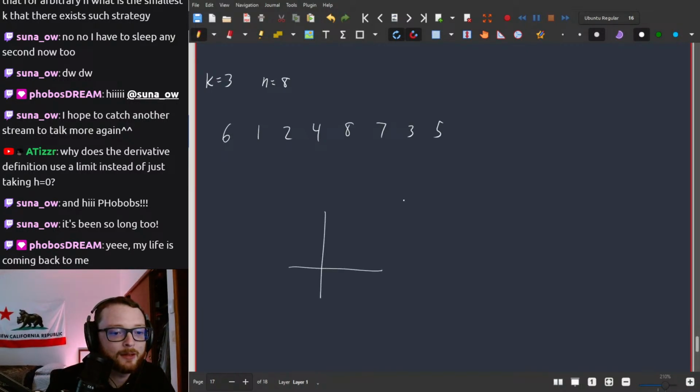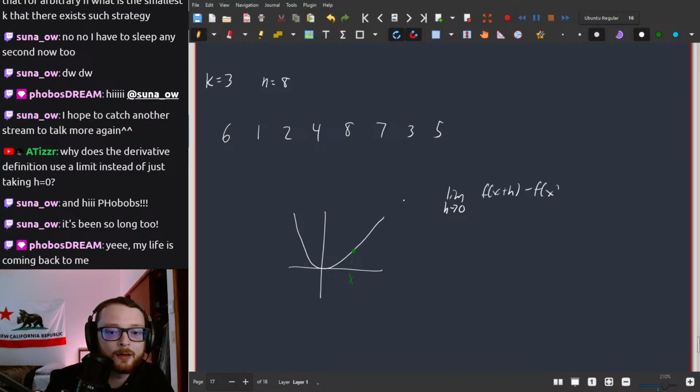The way the limit definition of a derivative works, let's just do a parabola because those are nice and simple. You have some point x you're taking the derivative at. This would help to actually write out what the definition is. Limit as h goes to 0, f of x plus h minus f of x over h.